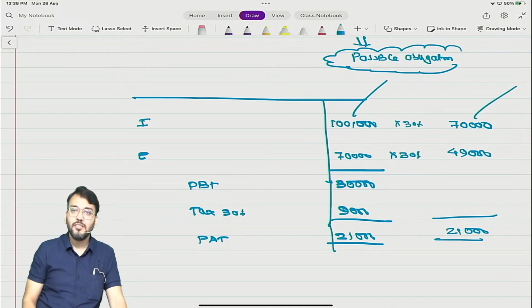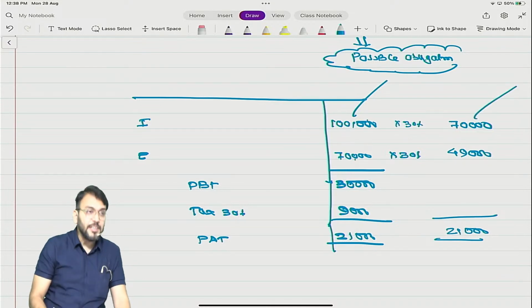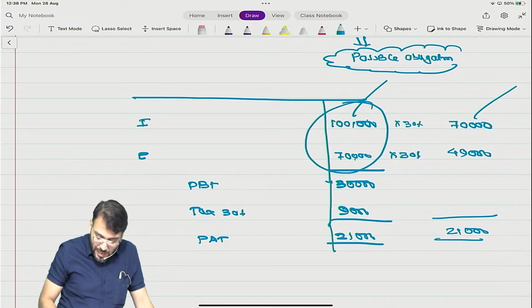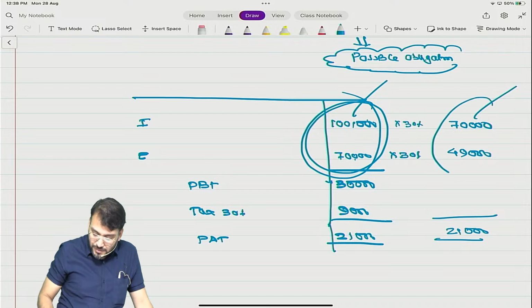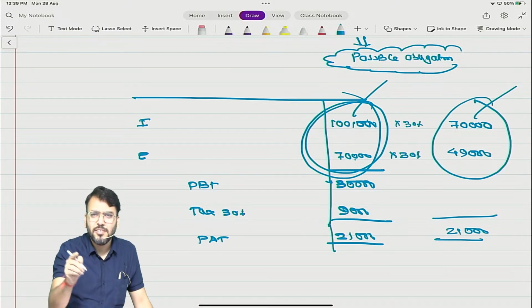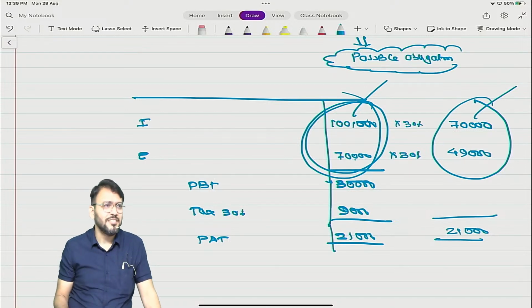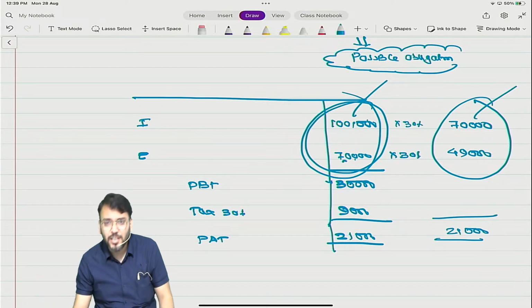So can you say this 1,00,000 is before tax or after tax? And this is? Now you tell me: do we recognize expense before tax or after tax? Before tax only, right? So should we write down 70 or 49? 70.